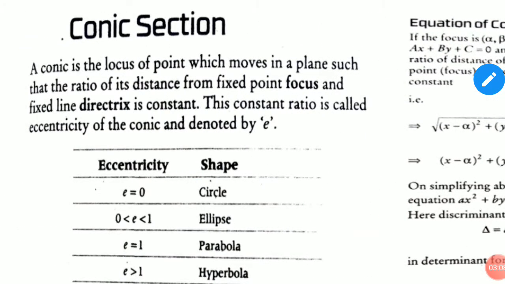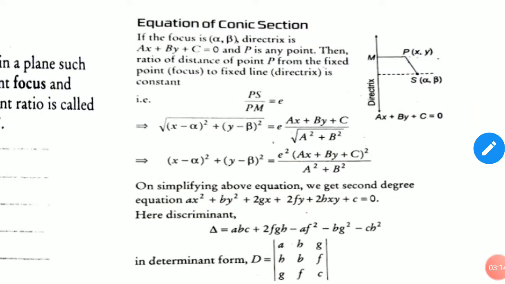The fixed point is S, alpha beta, and the directrix is the fixed line ax plus by plus c equal to 0. By the definition we read already, the ratio of two distances, PS upon PM, is equal to eccentricity.